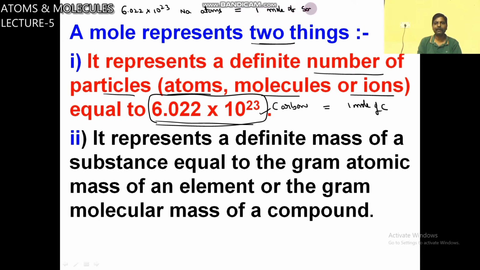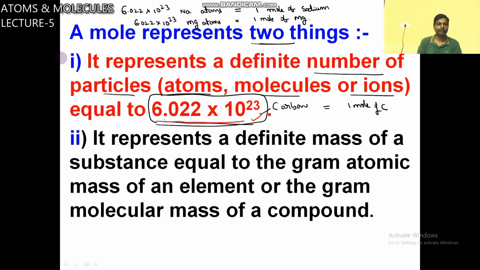The same number of magnesium atoms is 1 mole of magnesium. Similarly calcium. 1 mole of any substance contains these many atoms.